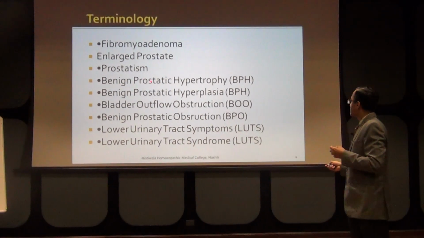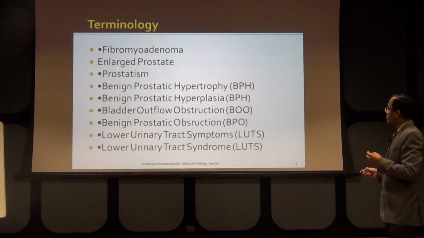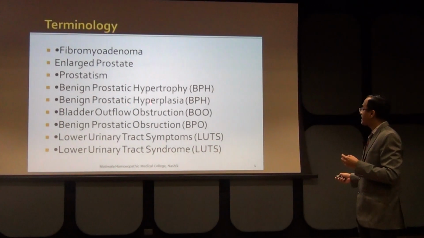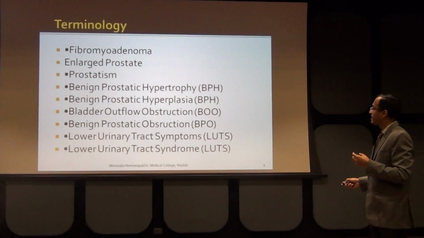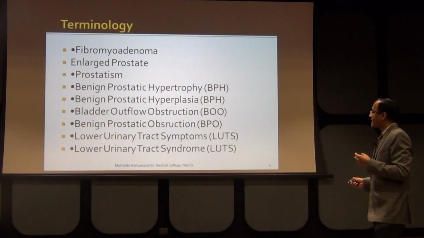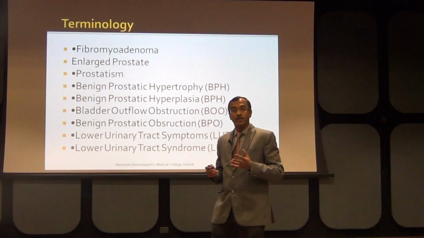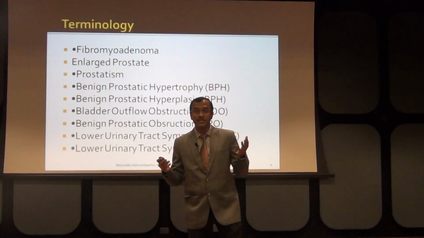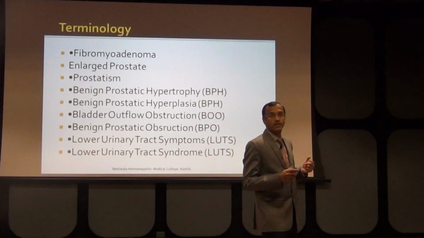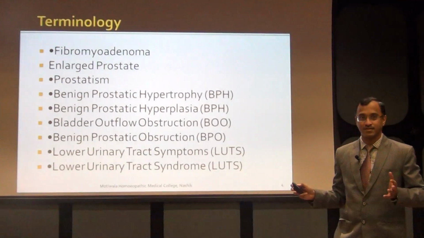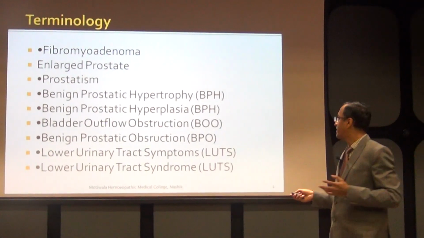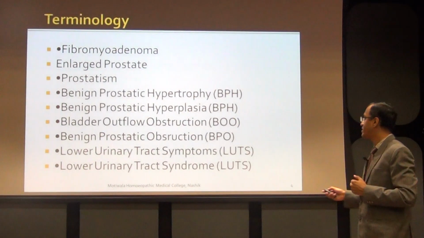Then it is termed benign prostatic hypertrophy or benign prostatic hyperplasia. When we talk about hyperplasia or hypertrophy at a glandular level, the lay person may feel that it is a carcinoma. But no, it is not a carcinomatous entity. It is purely a benign entity.